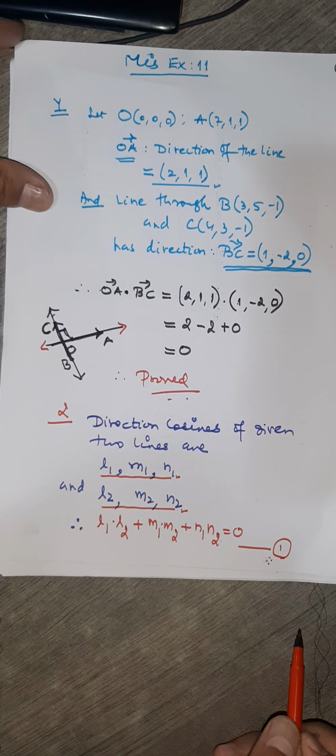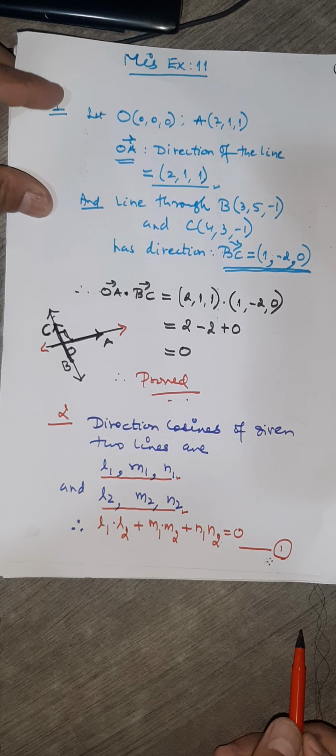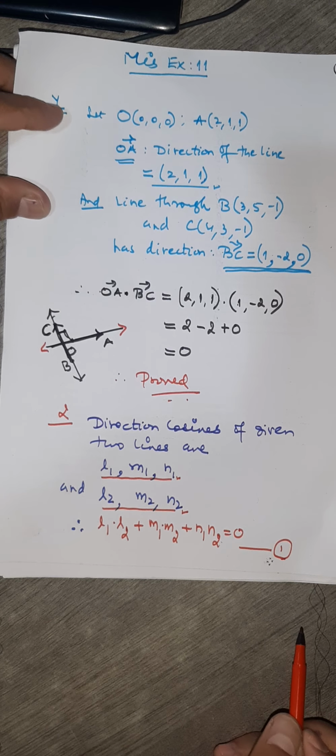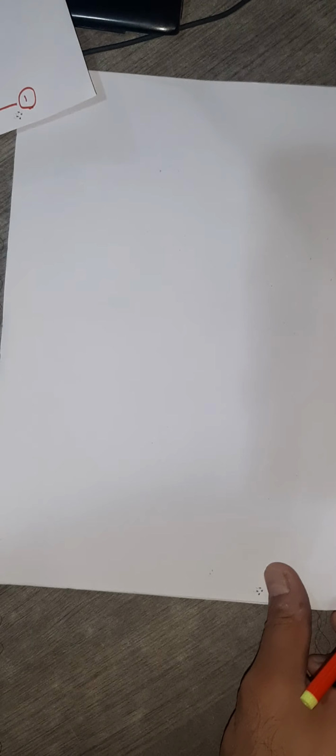Now what you want is the direction cosines of the line perpendicular to both these lines. Now when you have the words perpendicular to both, then what do we do? We get the cross product. So we just find the cross product of the given two direction cosines.